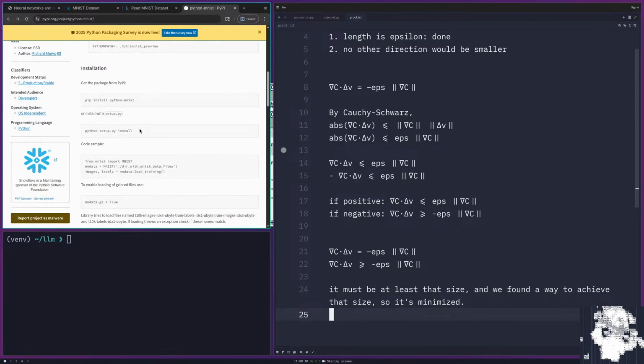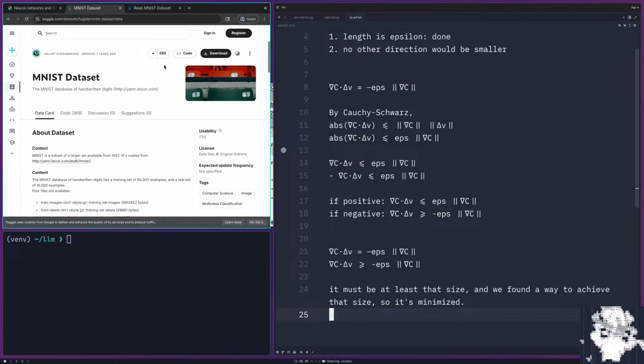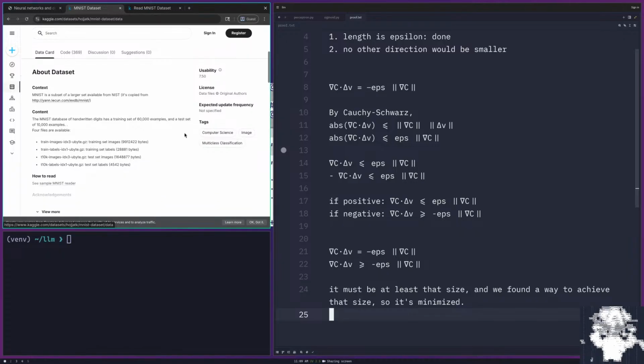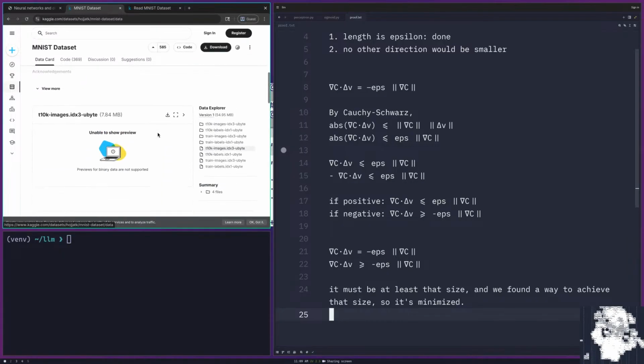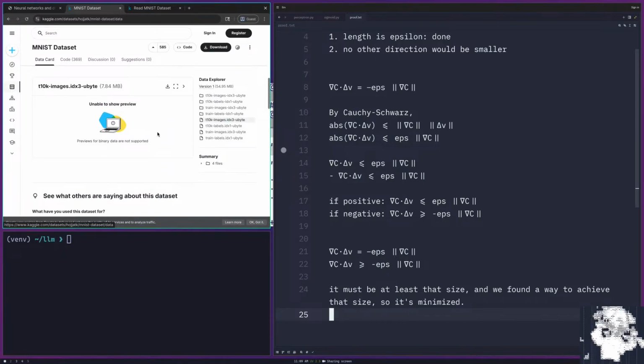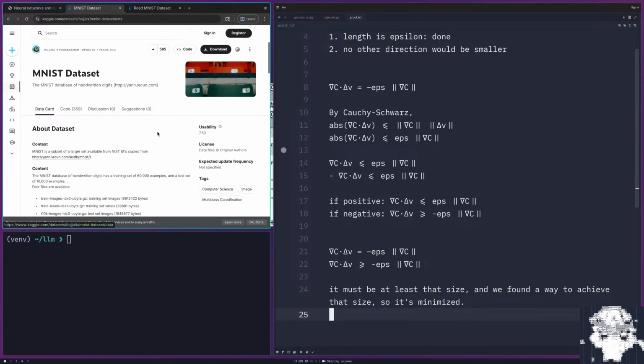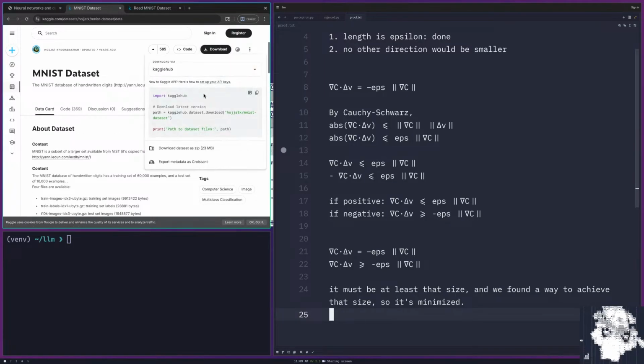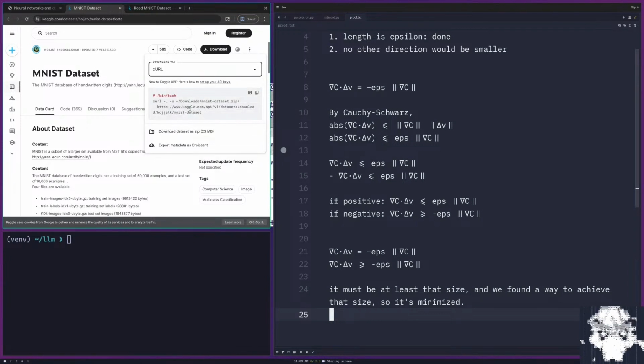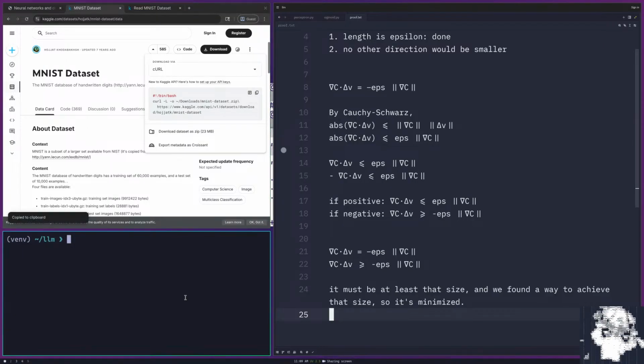I just want to get MNIST data. Well, I guess there's the Kaggle version. So why don't we try this?